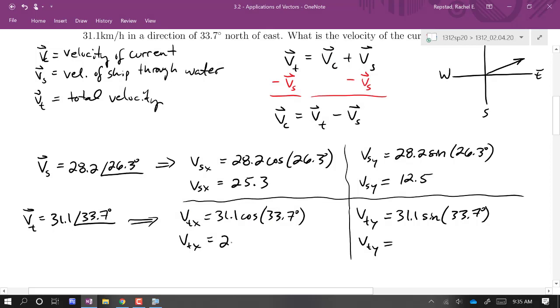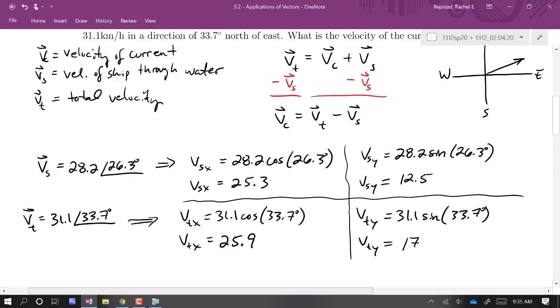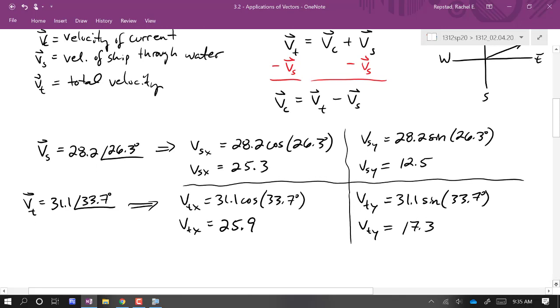That gives .9 for the x component, and 17.3 for the y component. How are we doing so far?